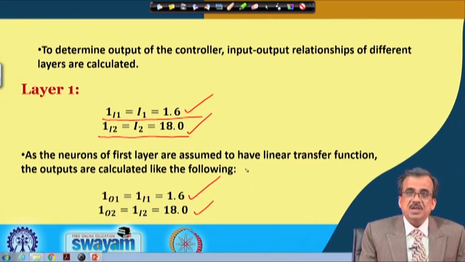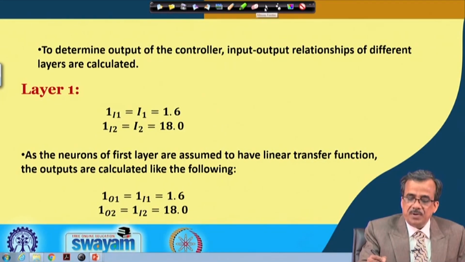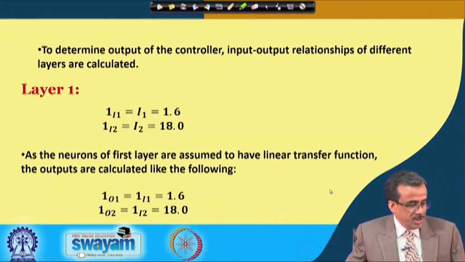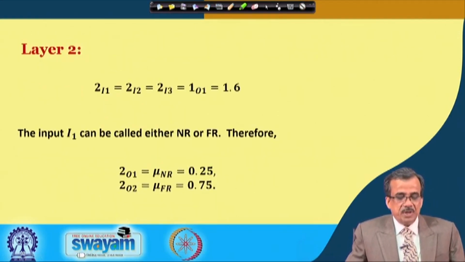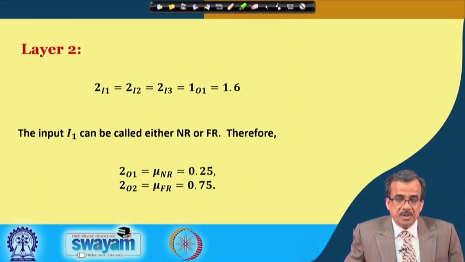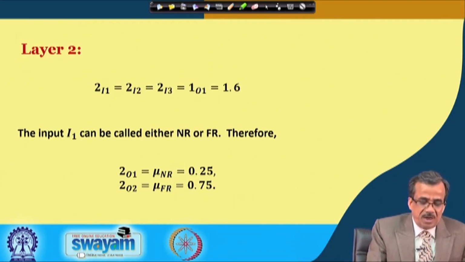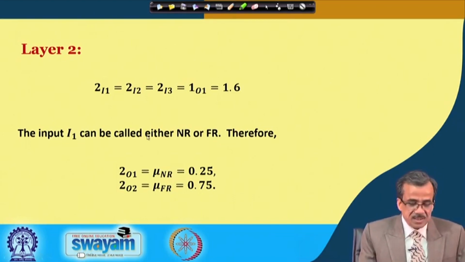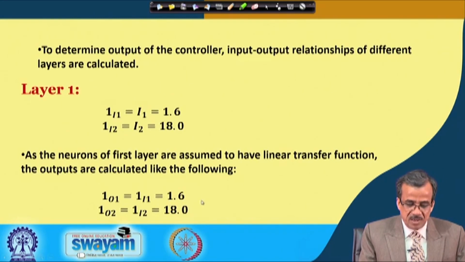Now, once you get this output, what we do is we try to find out what should be the mu value. I1 is 1.6 and I2 was 18.0.